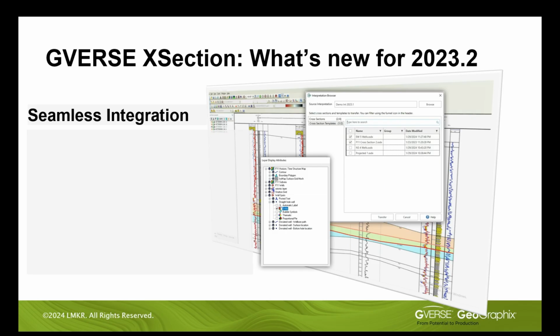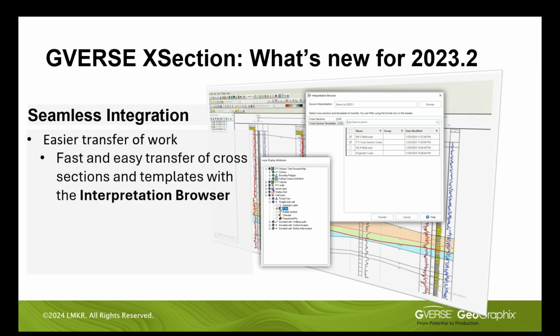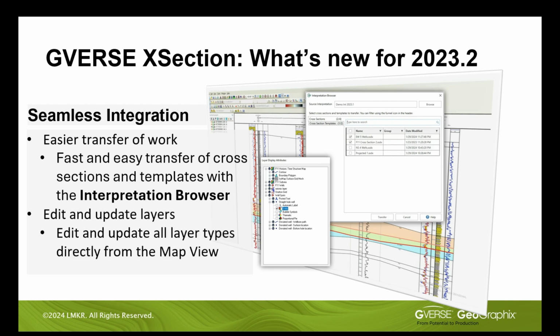Additional features in the 2023.2 version are: it is now possible to transfer cross-sections and templates among other GeoPlus interpretations with the new interpretation browser. The map view within GeoPlus supports creating, updating, and editing major GeoAtlas layers.